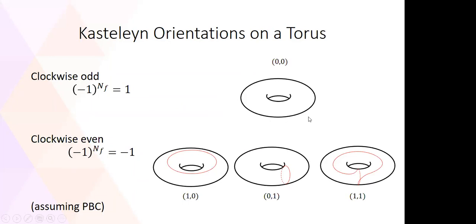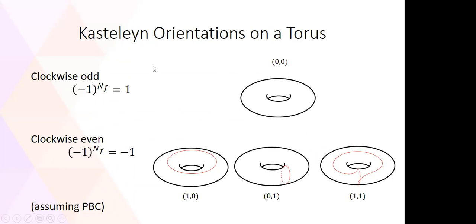You also need to fix the Kasteleyn orientation, and then you'll find that these three sectors necessarily have an opposite fermionic parity when you compare them to this topological sector. Say again, what's the difference in terms of the state between these three sectors? I'm not sure I understood.